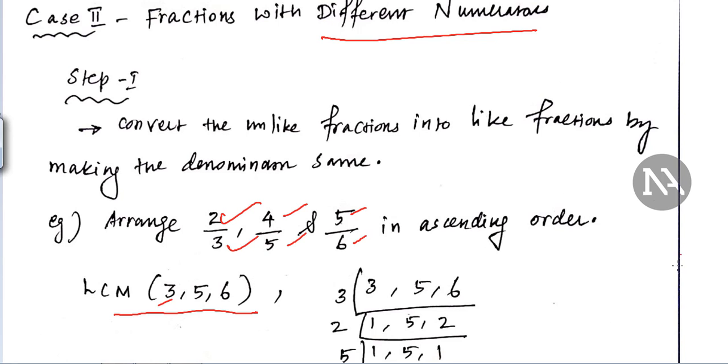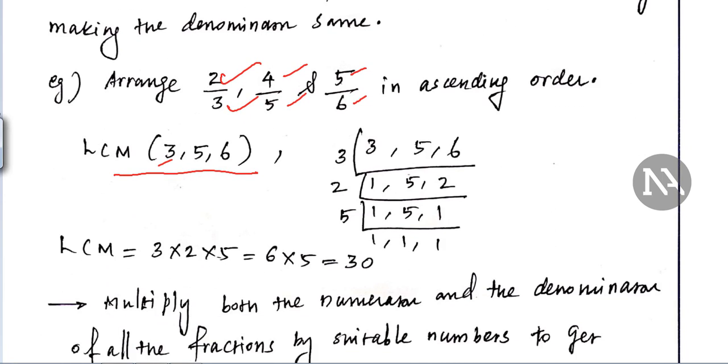I already told you how to take the LCM. I write all the denominators in this way, and divide by a number which divides most of the numbers in common. So here, if I take 3, this will divide 3 as well as 6.